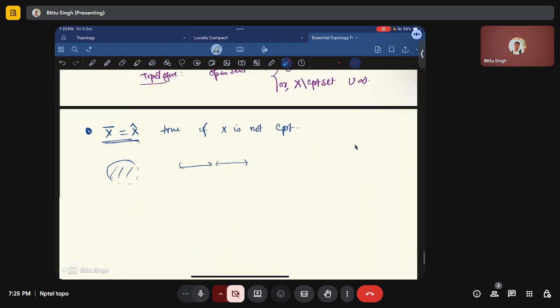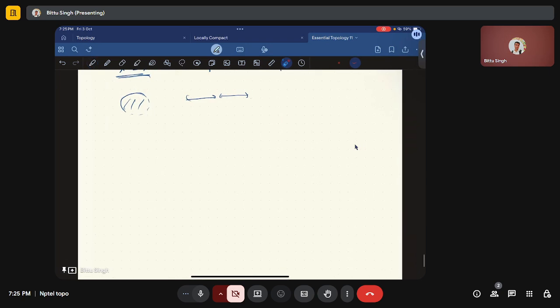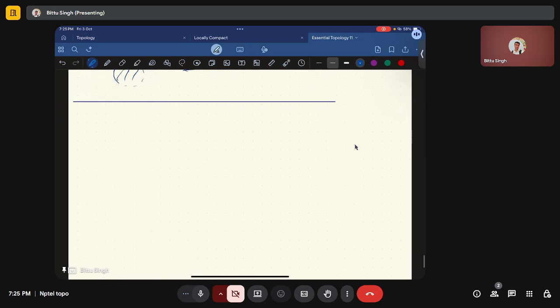Okay. So another thing I should say, there are some important characterizations for T2 spaces, T3 spaces. Let me write explicitly.